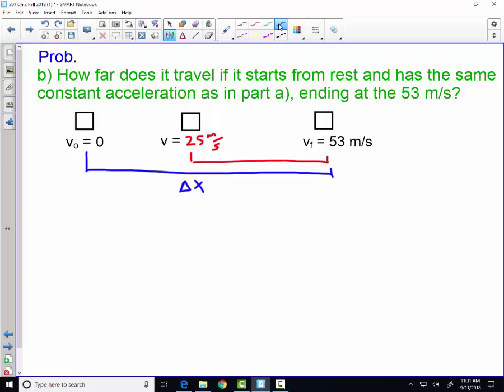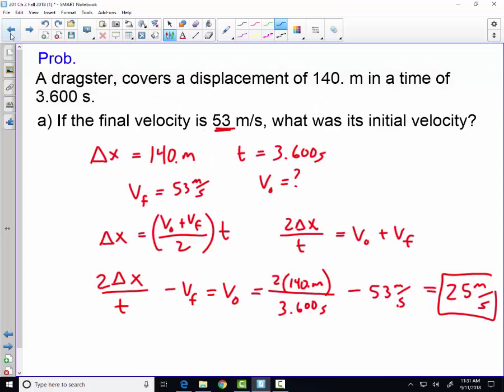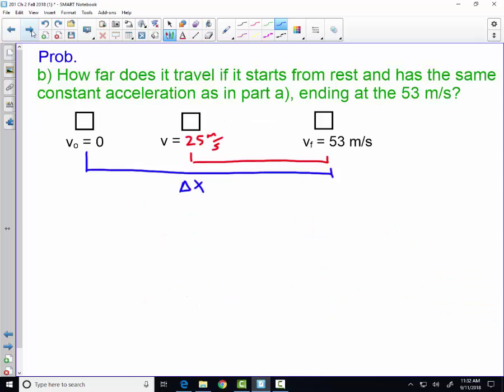So if I go back a page here, we know that in the change from 25 meters per second to the 53 meters per second, that it traveled 140 meters, right? So this part was 140 meters.